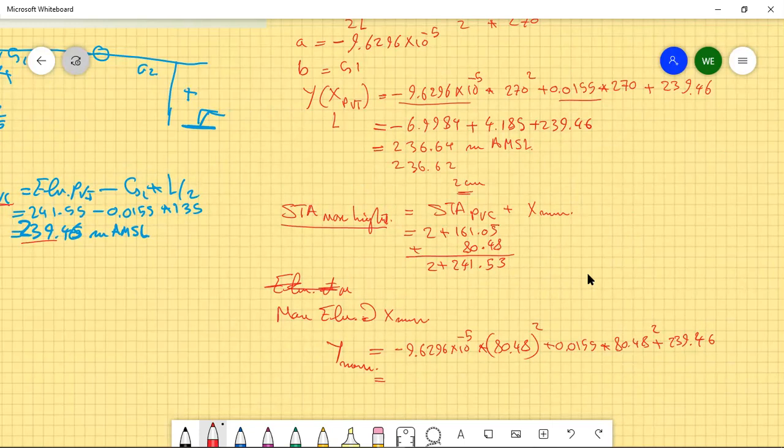So this is going to be 240.08 meters above mean sea level.